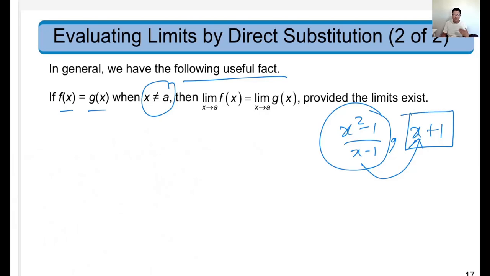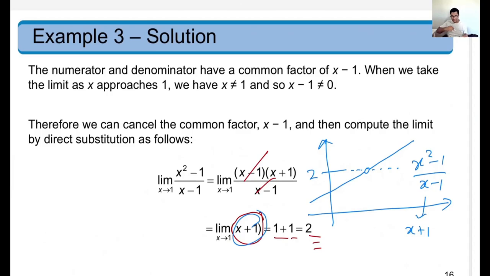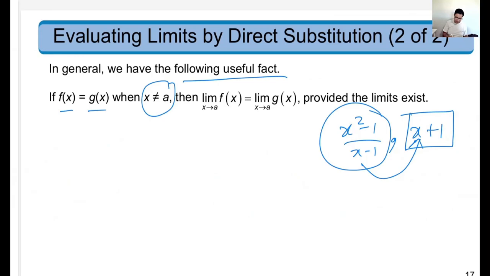X plus 1 will be defined at 1 also because it is just a polynomial. This rational function will have a hole at that point. Other than that, the graph basically looks the same. So when that is the case, the limits will be the same, even at that point, because limit is all about near that point, not at the point. Provided the limit exists, of course.